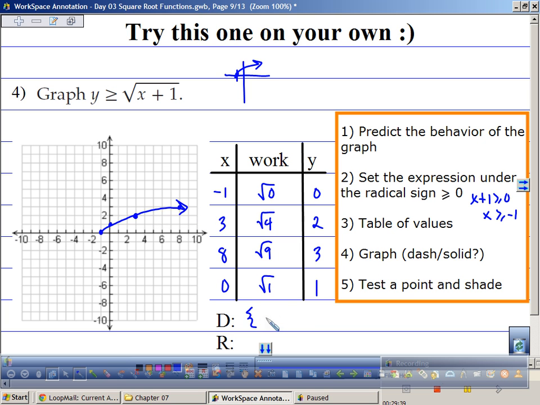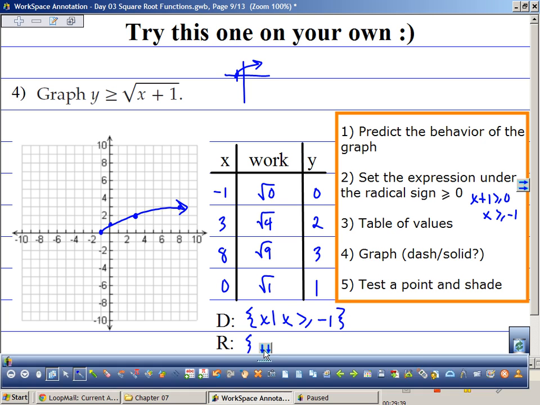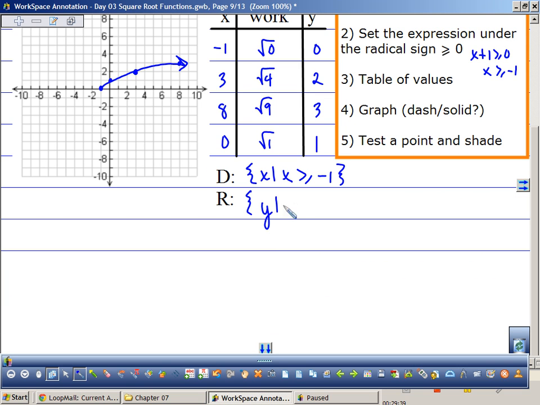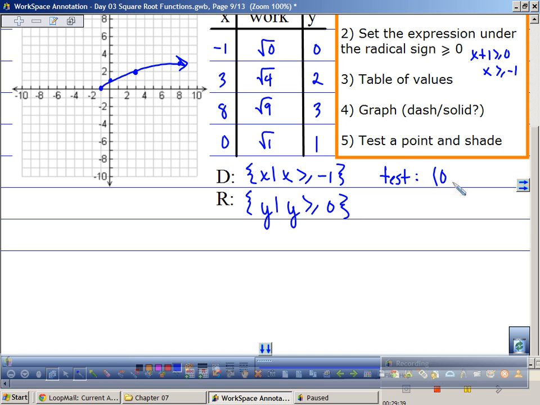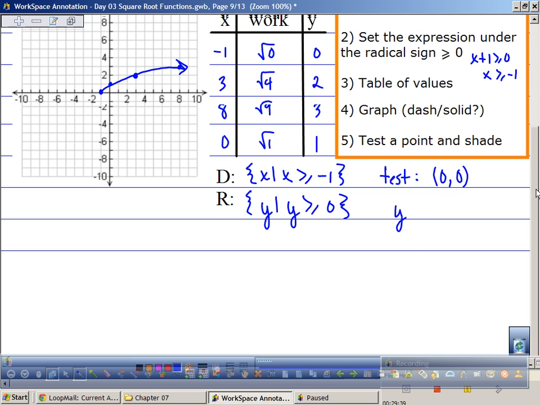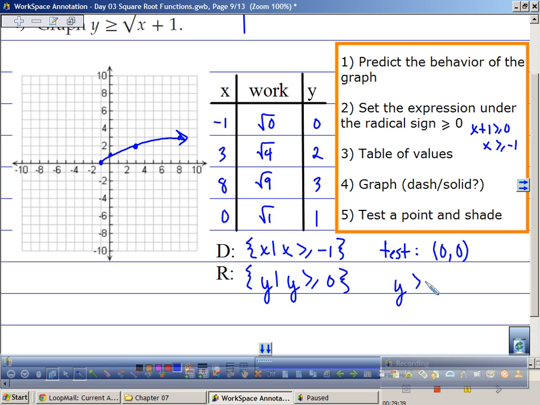And then my domain is x, such that x is greater than or equal to negative 1. My range would be y, such that y is greater than or equal to 0. And my test point would be 0, 0, which would be y is greater than or equal to the square root of 0 plus 1, which is 1.